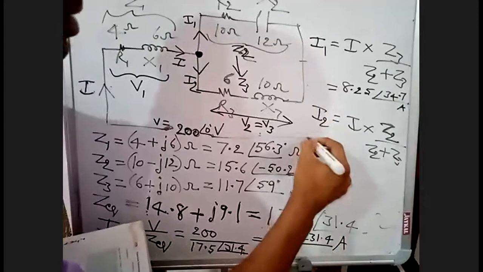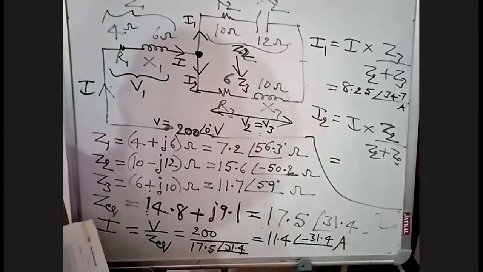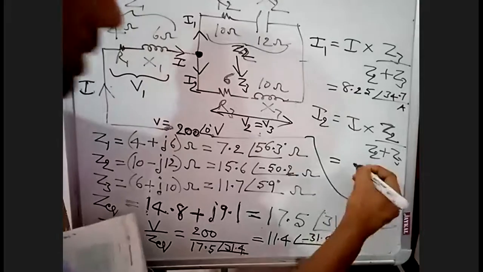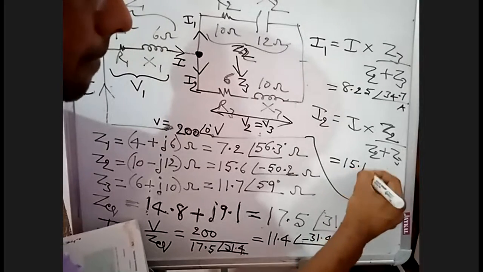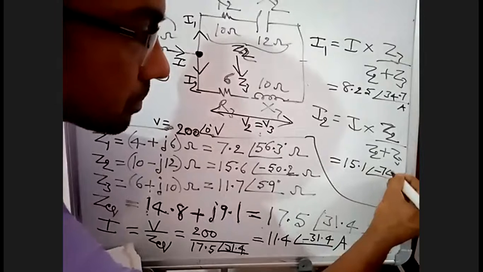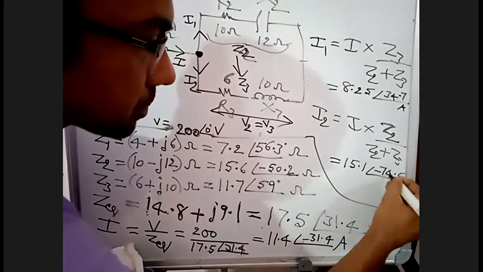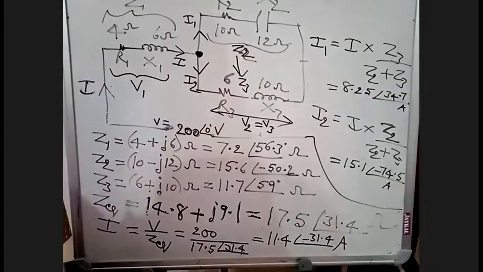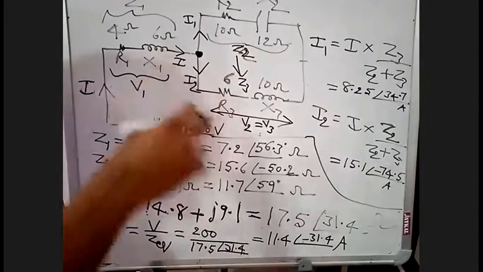Similarly, I2 value is 15.1 at an angle minus 74.5. So note down the answers and you can calculate it at home. This is the value of I1 and I2.